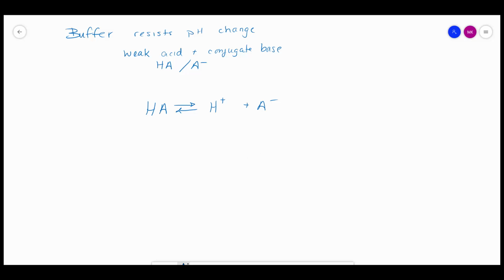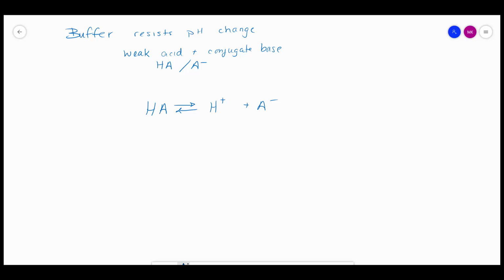Now, if you take all of this away, then our equilibrium is going to shift this way. So we know that from the equilibrium chapter, how the equilibrium will behave.